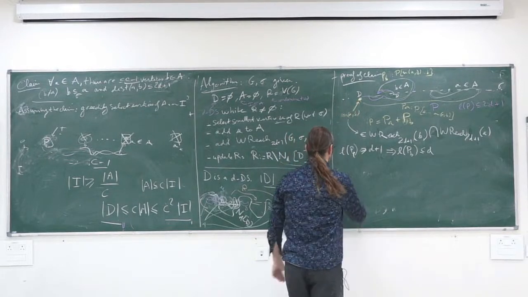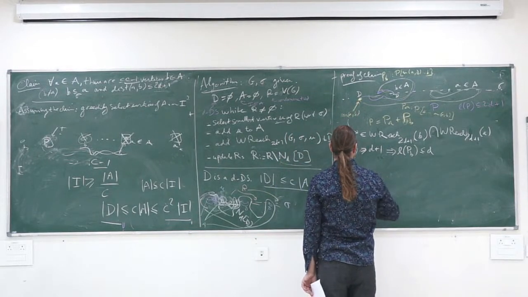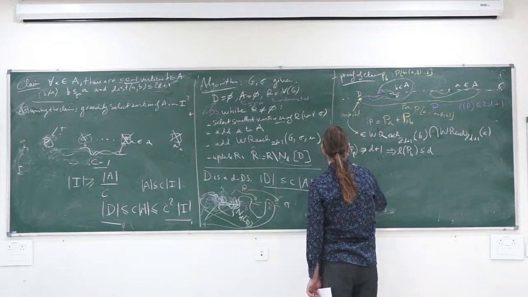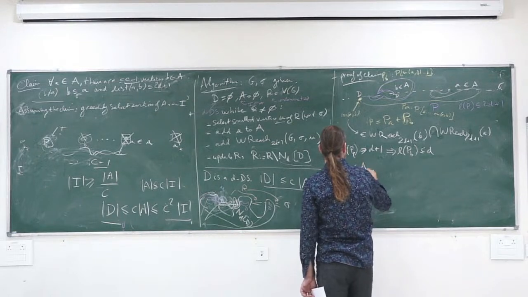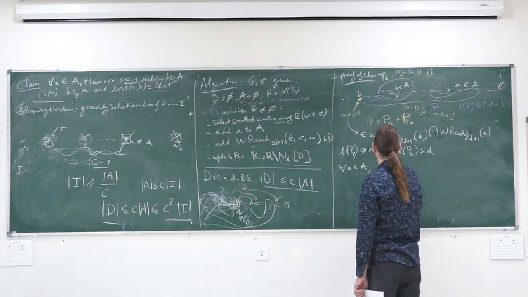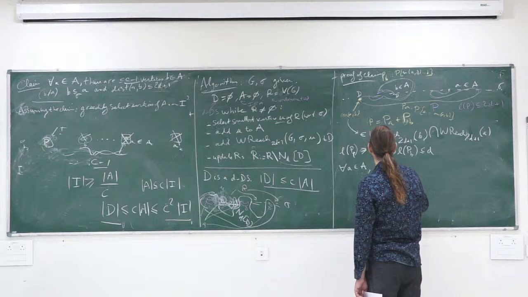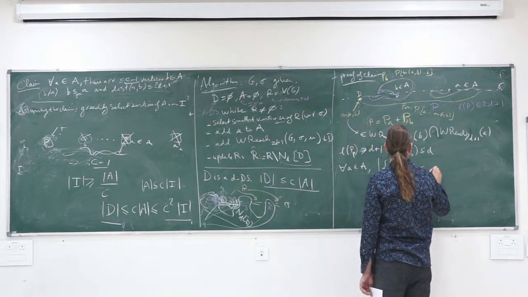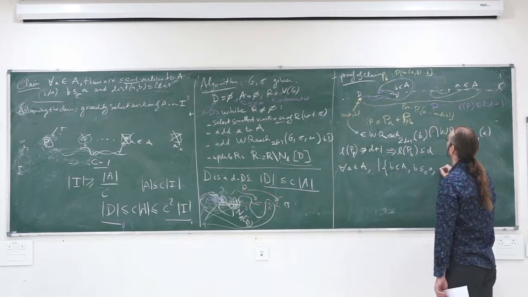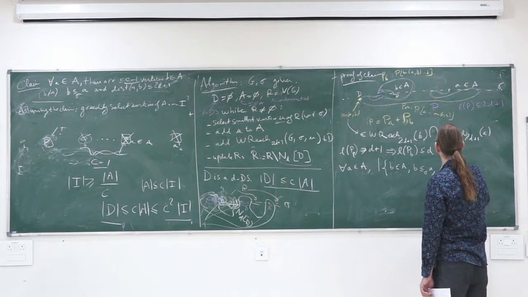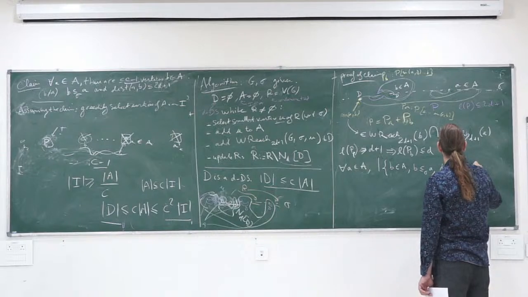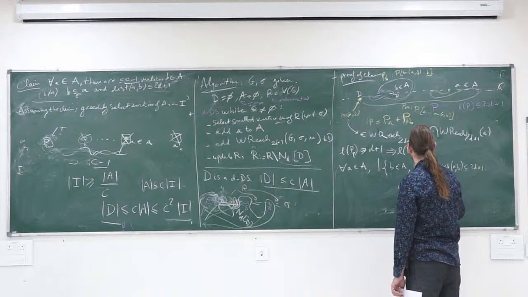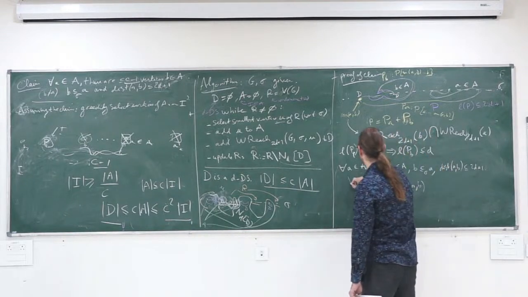So now I will show that for every A, the set of B's such that B is smaller than A, distance exactly these B's that are defined, and this NAB, for every A, for every x.